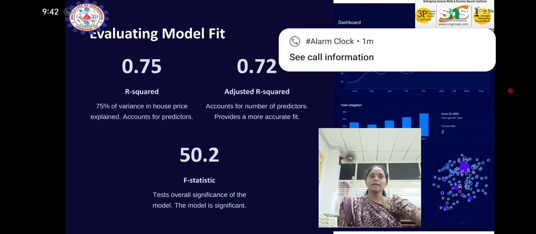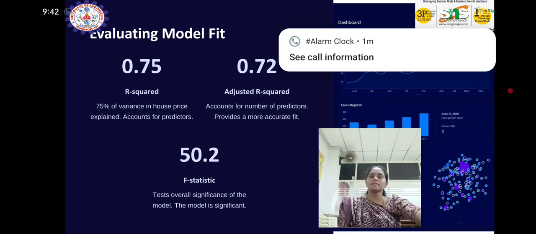For example, if R squared is 0.75, it means 75% of the variance in house prices is accounted for by square footage, bedrooms and location. While R squared provides an intuitive measure of model strength, it can be inflated by adding more variables, even those with minimal relevance.